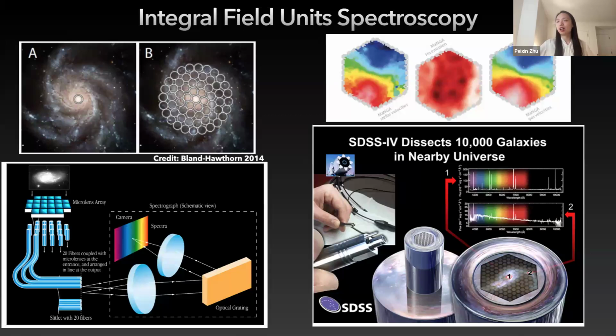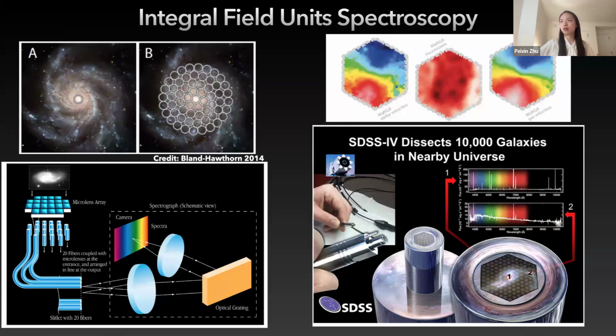How they achieve this is shown in the bottom left figure, where you divide the galaxy image into different little boxes. Behind all these boxes, you have fibers. Then you combine all these fibers, go through the spectroscopy, through the optical grating, and obtain one spectrum for each of the fibers.